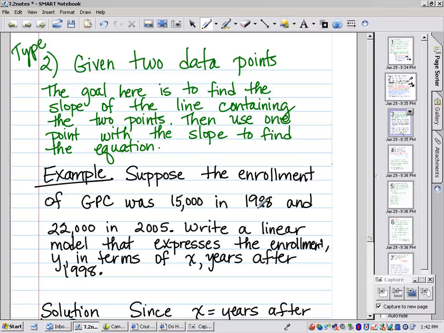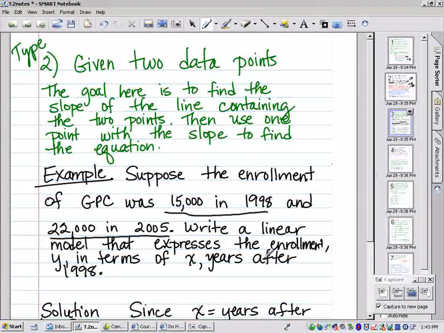Let's suppose the enrollment of Georgia Perimeter College was 15,000 in 1998 and 22,000 in 2005. We need to write a linear model that expresses the enrollment y in terms of x years after 1998. So we're given two criteria, right? We're told 15,000 in 1998 and 22,000 in 2005.